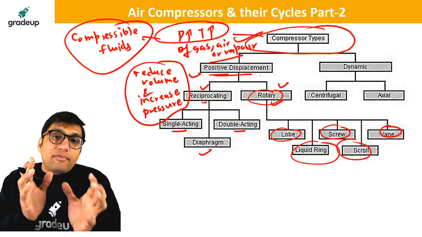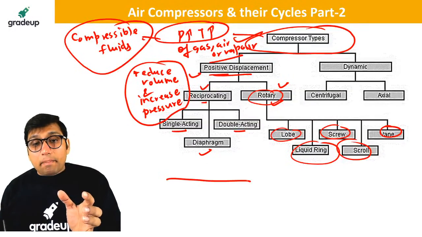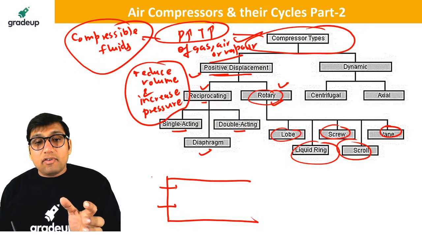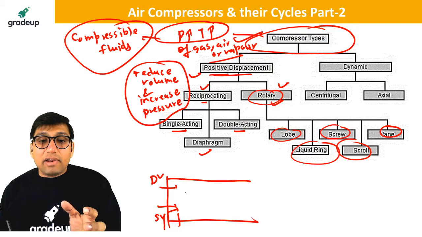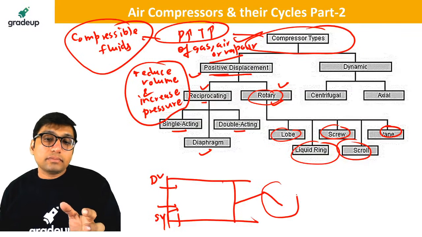The basic difference is that in reciprocating compression, there will be a piston cylinder device. There will be a delivery valve and a suction valve. The air will enter from this side, and the piston will go to this side. The piston will be connected to a connecting rod and to a crank.